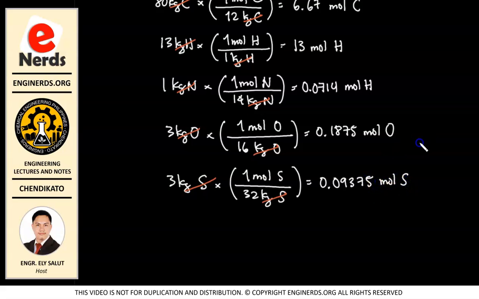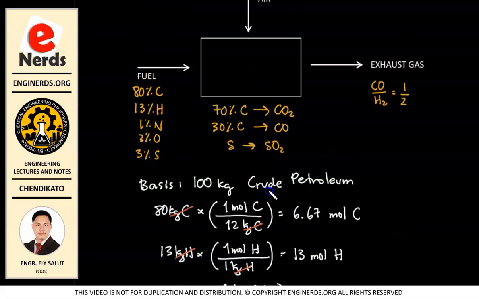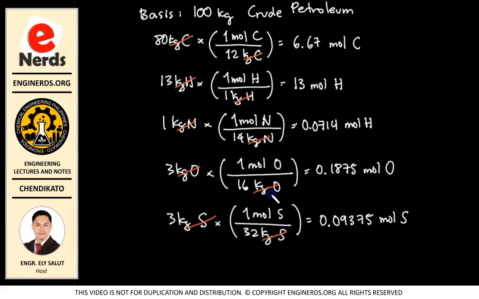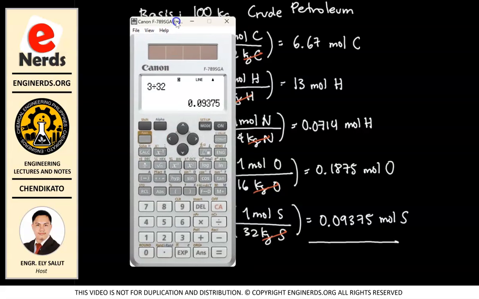All right, so now we have the number of moles of all our elements in our fuel. Let us first find the total number of moles in our fuel, so let us just add all of these values.